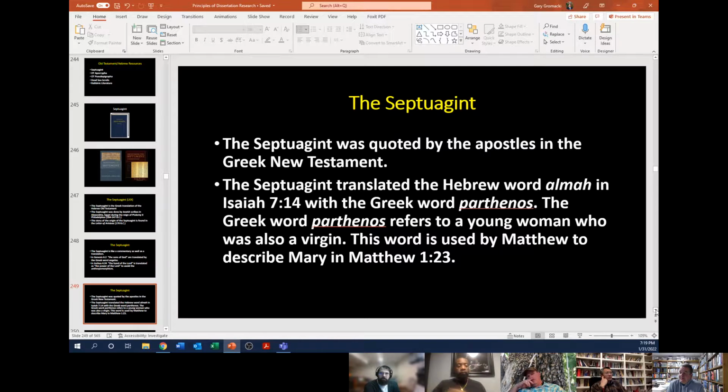It's the same word used by Matthew to describe Mary in Matthew 1:23. So she did not know or have a sexual relationship with Joseph. So here we see that, at least for the writers of the Septuagint, they're using a pretty strong Greek word, Parthenos, which actually is used by Matthew. And I think that's an argument against the young woman translation, which I believe is in the RSV.